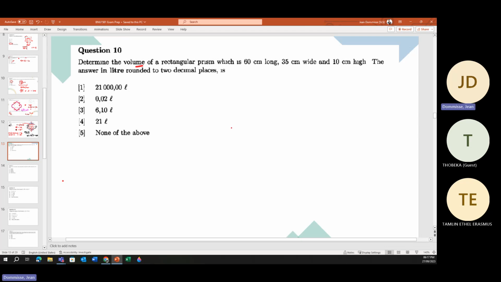Okay, so yes, the one that is to do with volume. I thought there would be one, but I thought they would have sketched it. But let's look at this one. Determine the volume of a rectangular prism where it is 60 centimeters long, 35 wide, and 10 centimeters in height.